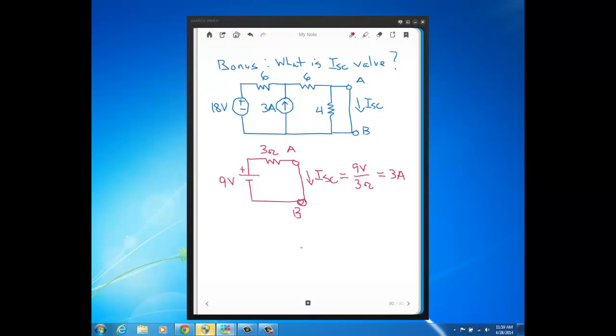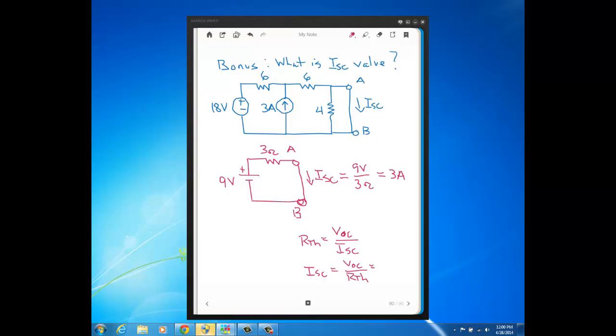Another way we could get the same answer is we know that R Thevenin is equal to V open circuit divided by I short circuit. Therefore I short circuit is just VOC divided by R Thevenin.